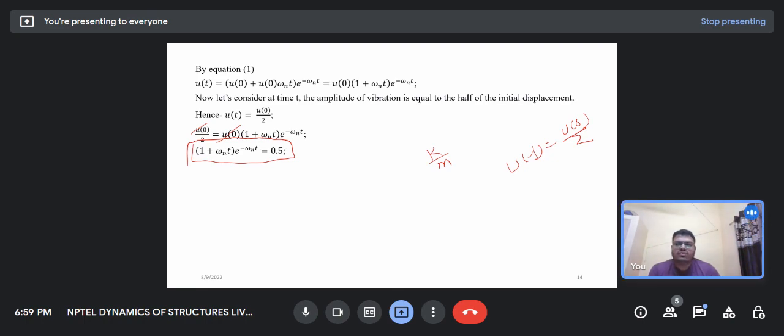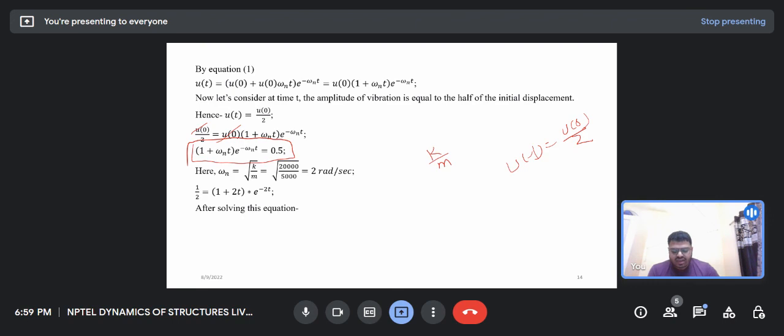Directly you have to put the value. This is your equation, and numerically you can solve it using some values, or in the calculator you can put 1 plus 2 alpha, and use the variable in the calculator also.